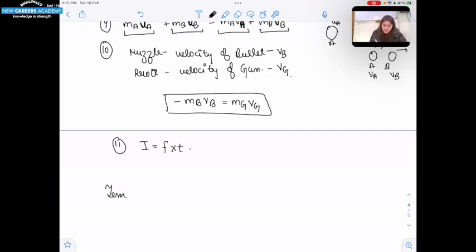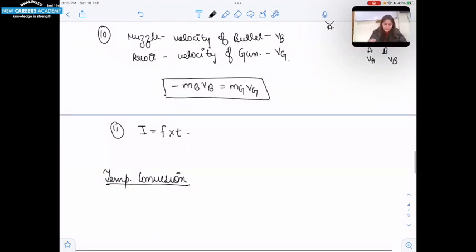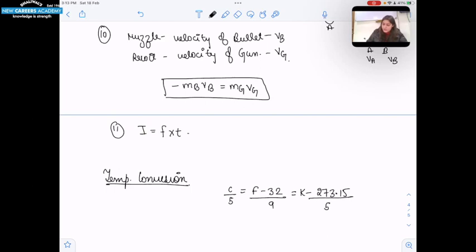Next we have the temperature conversion formula. I am writing one formula here: C by 5 is equal to F minus 32 by 9 is equal to K minus 273.15 by 5.